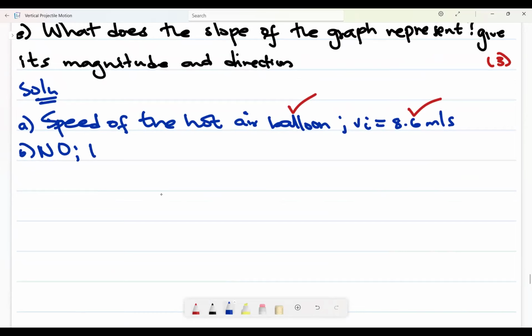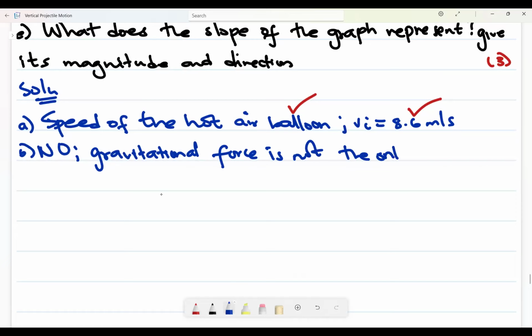Why? You'll say gravitational force is not the only force acting on the hot air balloon.